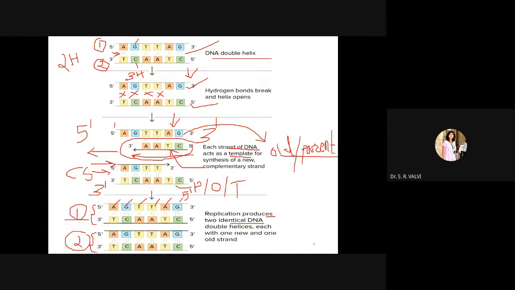So again you can see this second DNA molecule, where the newly synthesized nucleotide bases, see here, again you can concentrate A, G, T, T, A, G, right? So even these are T, C, A, A, T, C. See here, all these things are exactly similar, right?